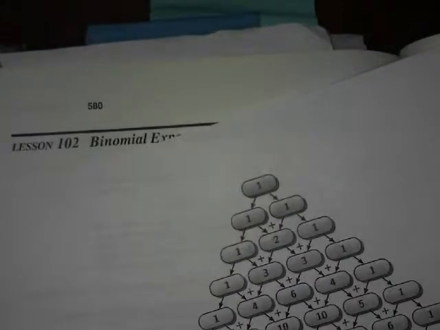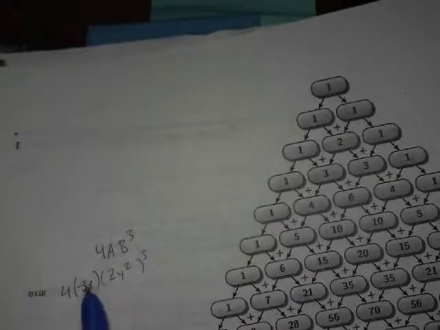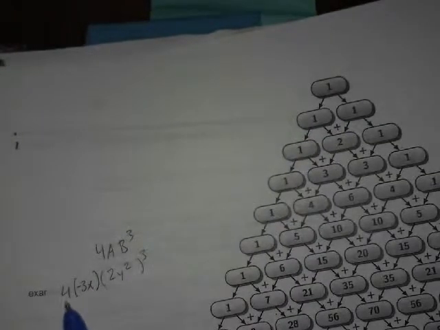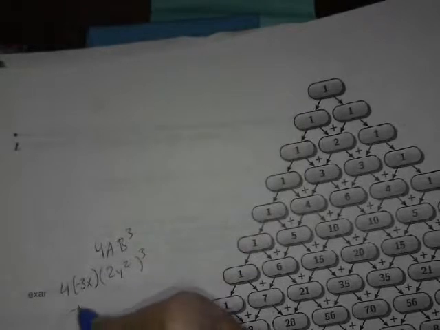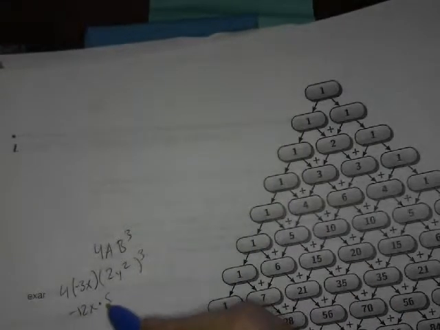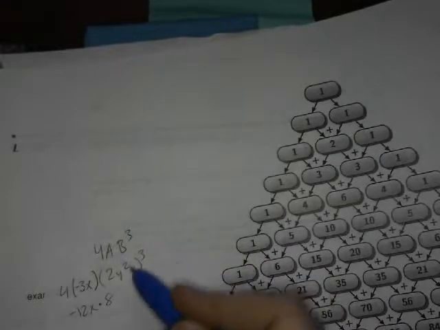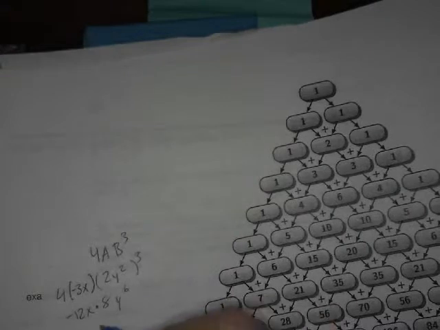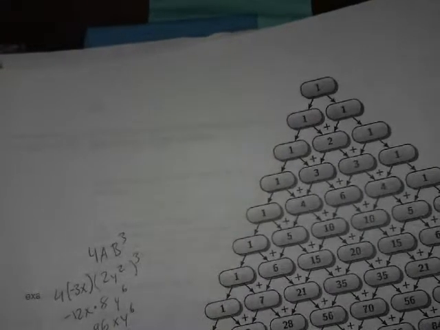Let's just do this part right here. That would be 4 times this, negative 12x. And I have to cube my 2, so that's going to be 8, and cube this, so that'd be y to the 6. 12 times 8, 96, something like that.